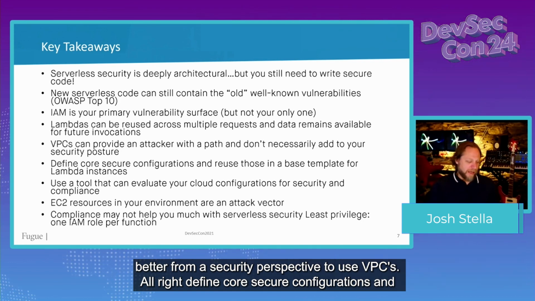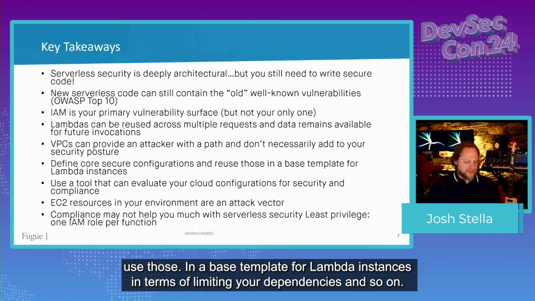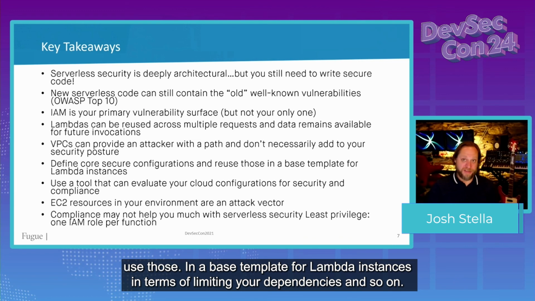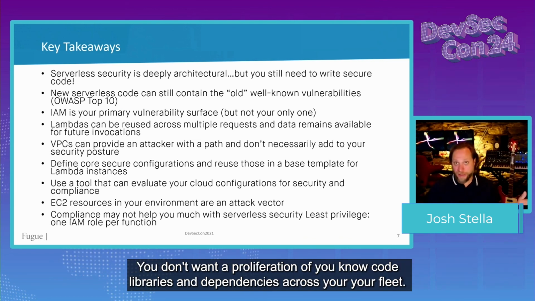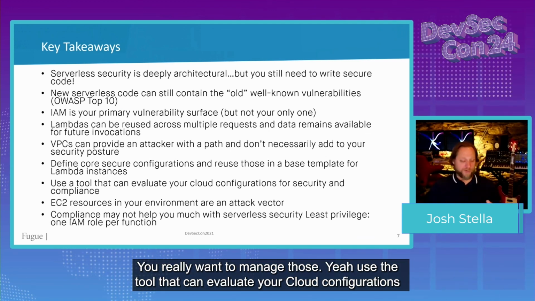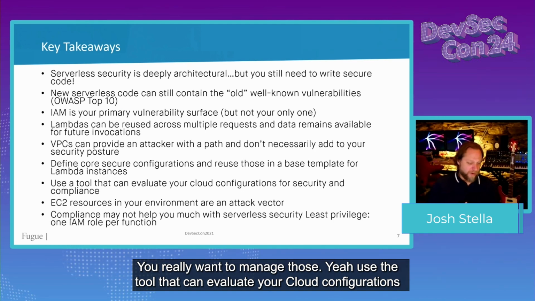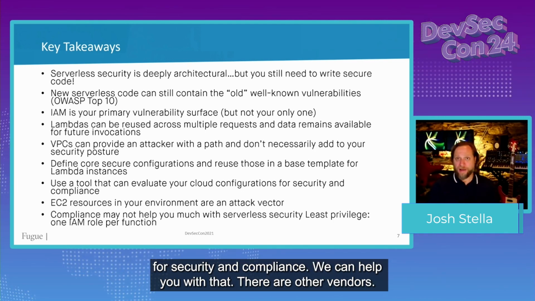All right, define core secure configurations and use those in a base template for Lambda instances, in terms of limiting your dependencies and so on. You don't want a proliferation of code libraries and dependencies across your fleet. You really want to manage those. Use a tool that can evaluate your cloud configurations for security and compliance. We can help you with that.